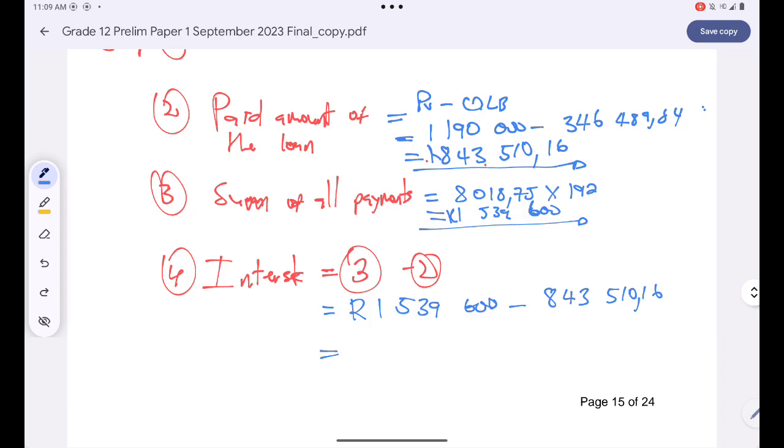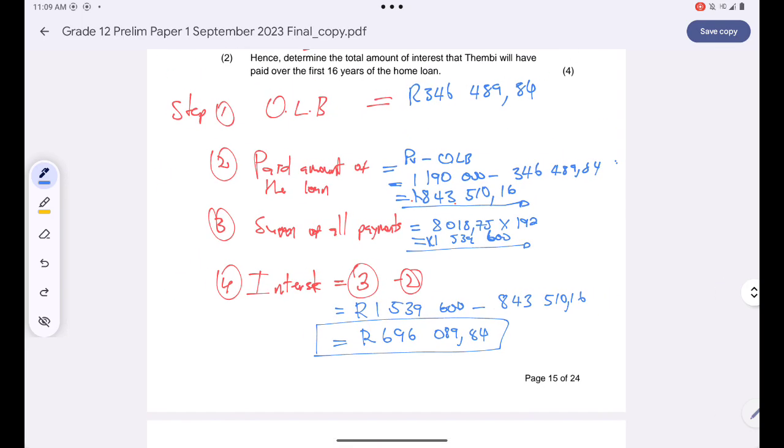So the total interest paid over a period of 16 years is basically 696,089 rands 84 cents. This is the total amount of interest that Tembi has paid.